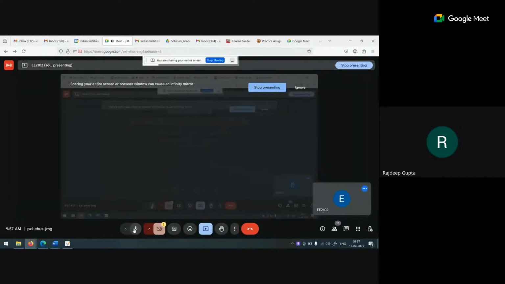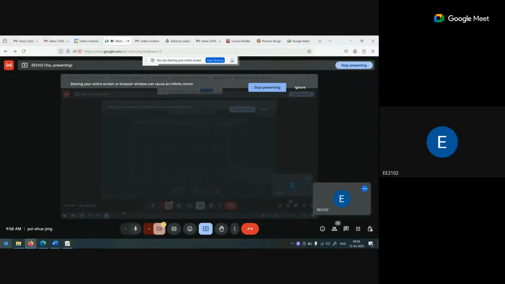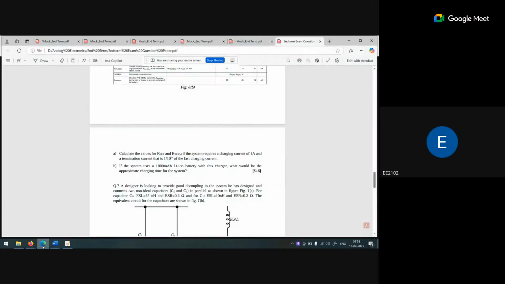How do we solve this one? Any idea? So part B, right?